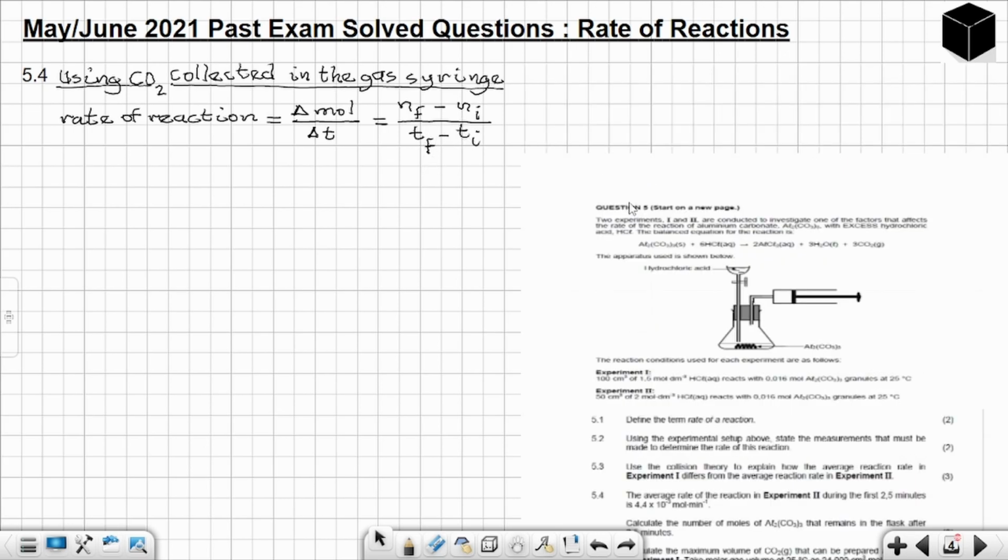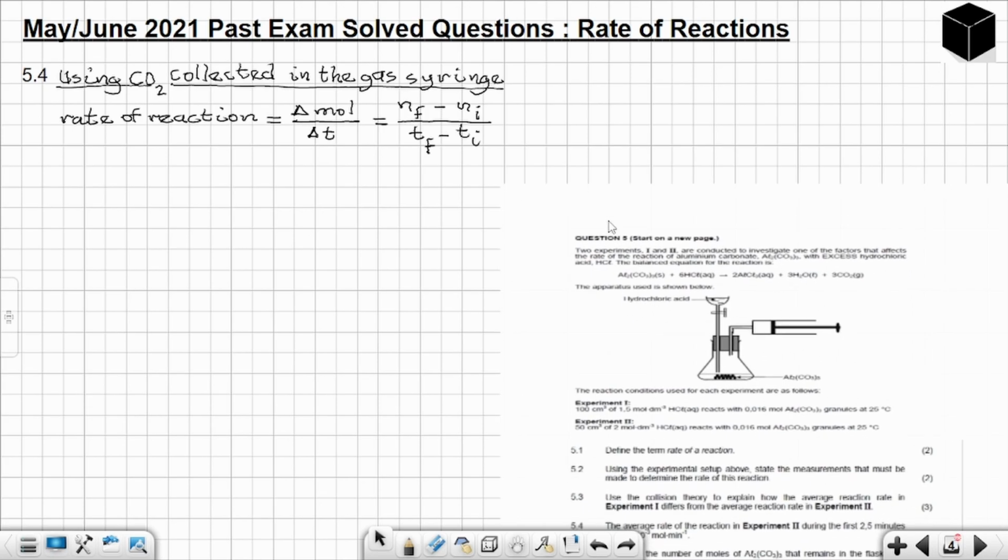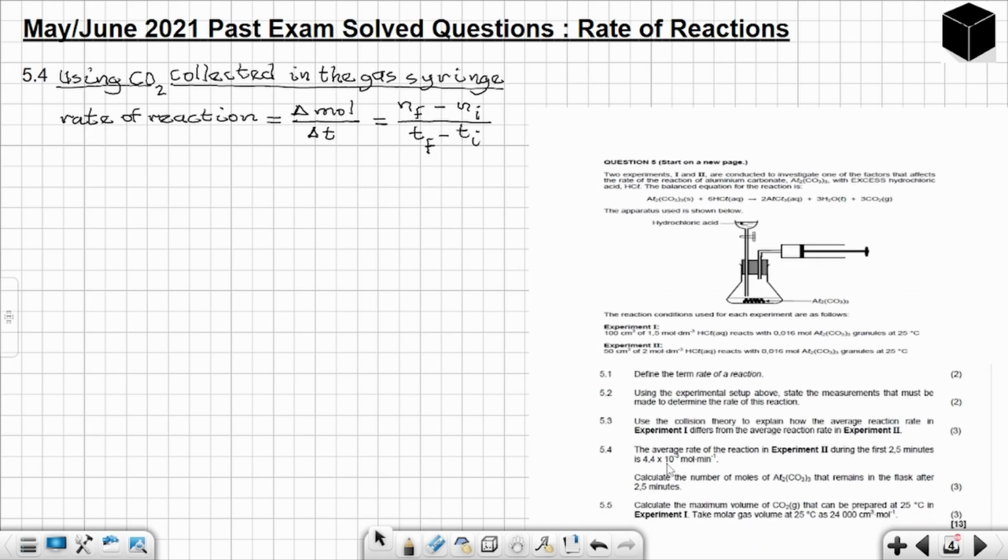We are going to find the number of moles of carbon dioxide collected in the syringe after 2.5 minutes, because carbon dioxide is the product and it is used to determine the rate of reaction. And from there, we can find the number of moles of aluminum carbonate. The rate of reaction is given: 4.4 times 10 to the negative 3 mole per minute.